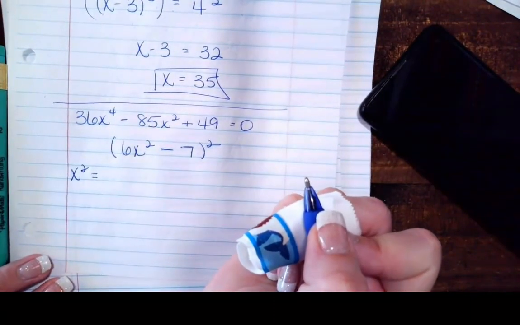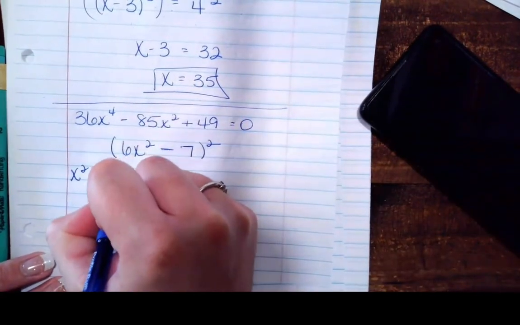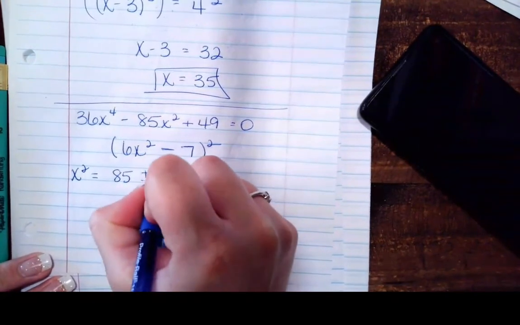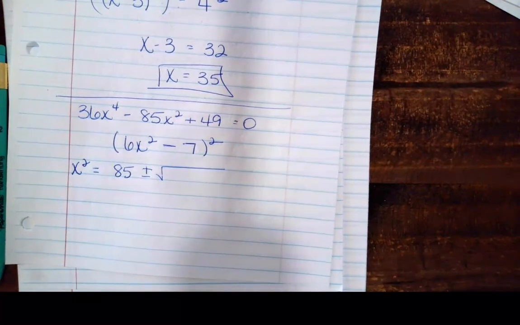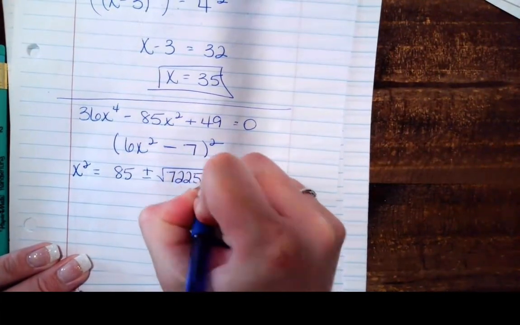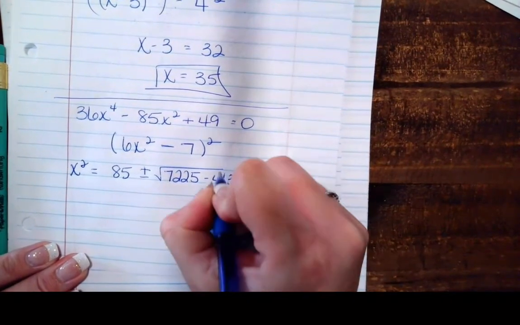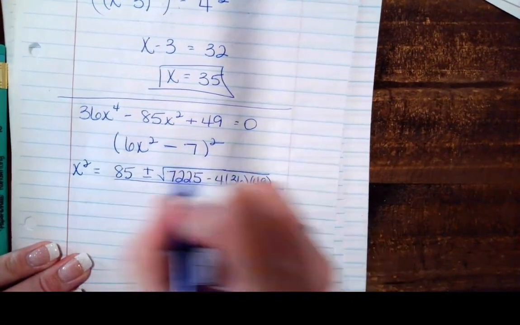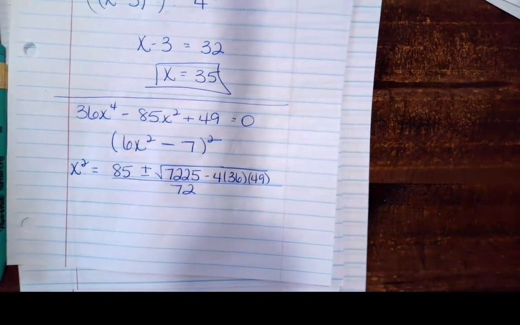Okay, so x squared equals negative b, so that gives me 85, plus or minus the square root of b squared, so 85 squared is 7,225, minus 4 times a times c, all over 2 times a, which is 72.